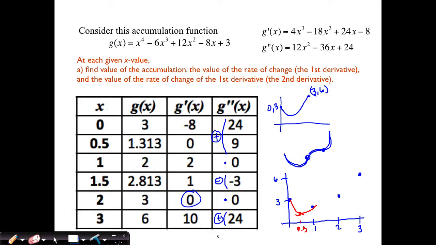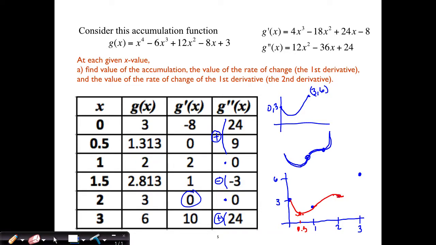And then I have a positive rate at 1, but then it's becoming less until it flattens out to a rate of 0 again around 2. So in terms of my graph, it's kind of going straight across here. So I'm going uphill, but more and more slowly until I get to this spot here.